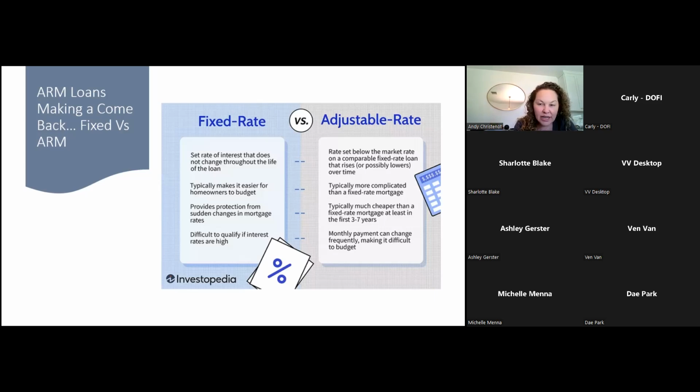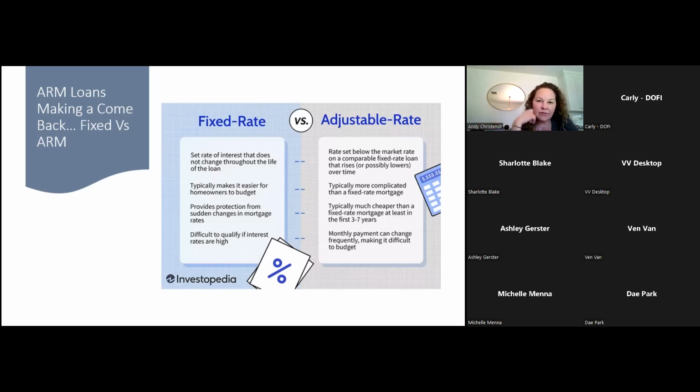So from an investor standpoint, remember I talked about mortgage-backed securities, just like stocks. Investors are now leaning towards ARM loans because they know realistically they're going to get paid off. Joe Smith buyer is likely going to refinance. And so these ARM loans are pricing better than a fixed rate loan.